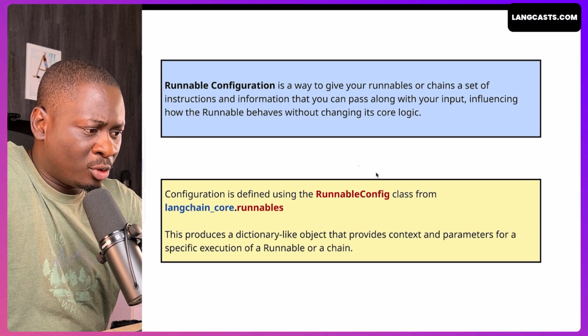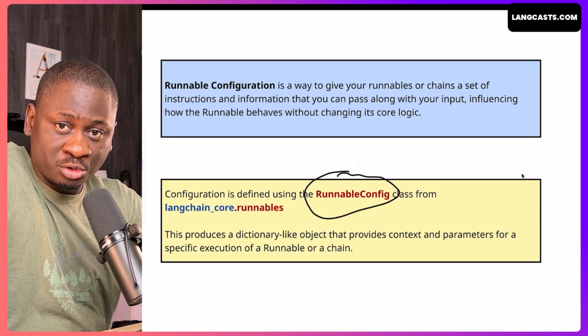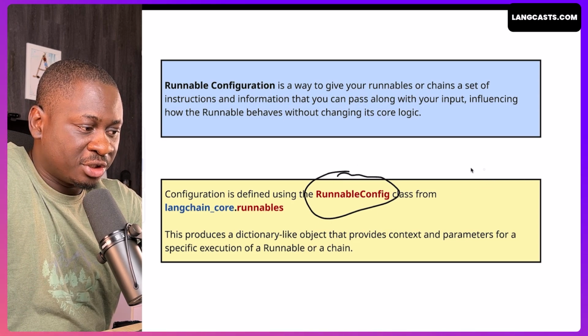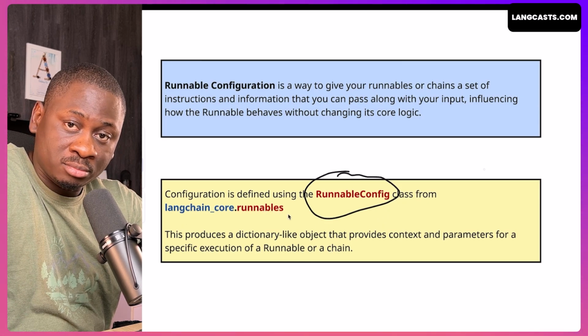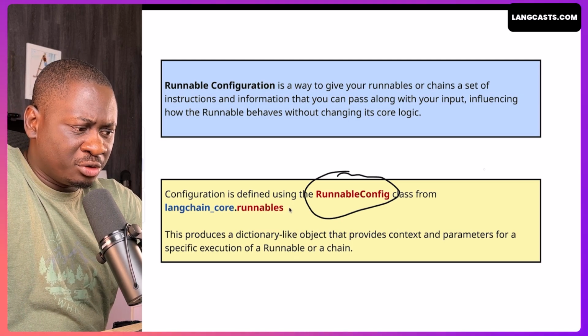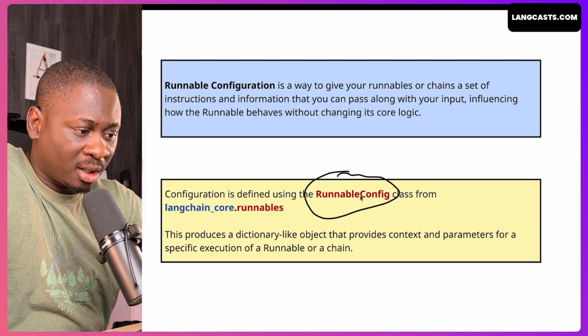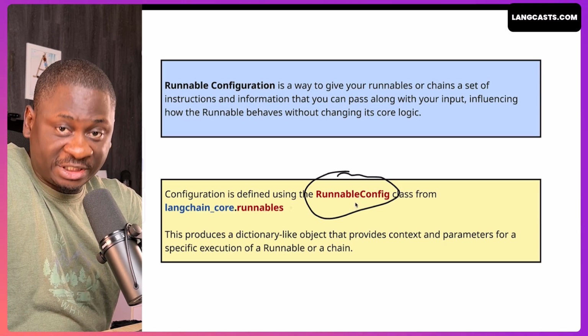And runnable configuration is defined using the RunnableConfig class. Yeah, RunnableConfig. That's what you use to define your runnable configuration. The RunnableConfig class is from the LangChain core runnables package. So that's where we find it. It basically produces a dictionary-like object that provides context and parameters for a specific execution of a runnable or a chain.